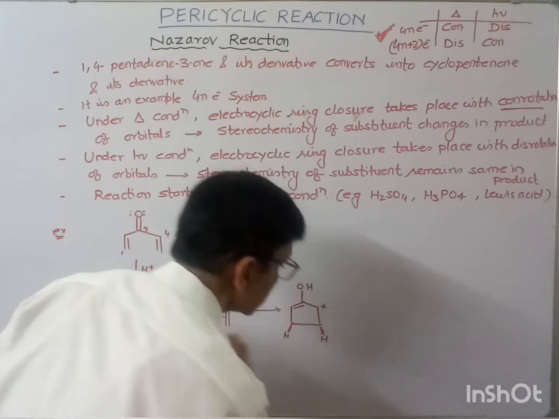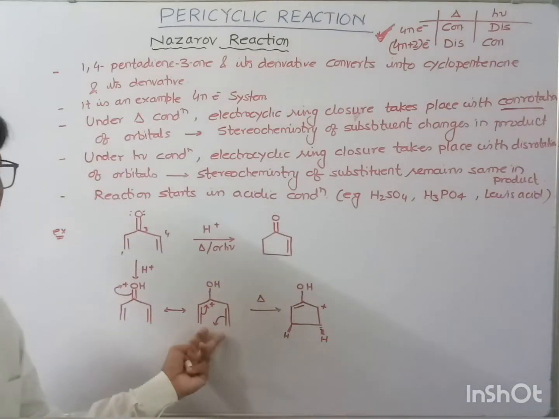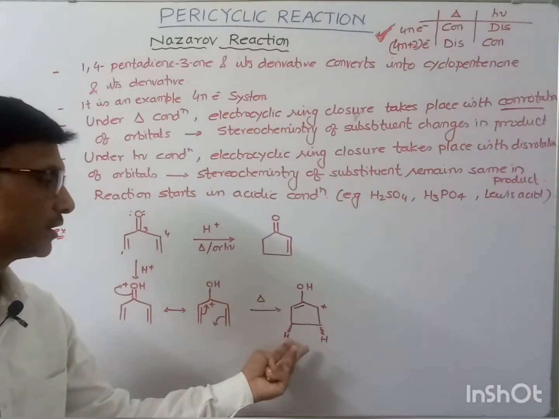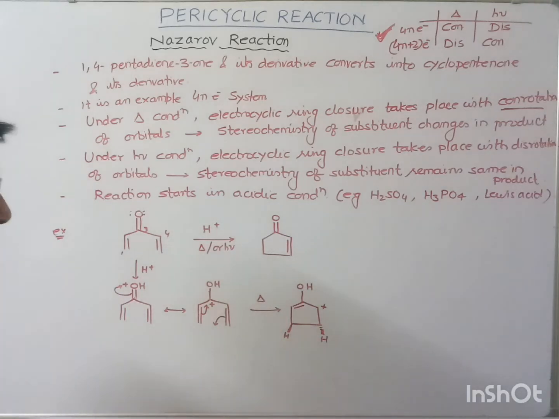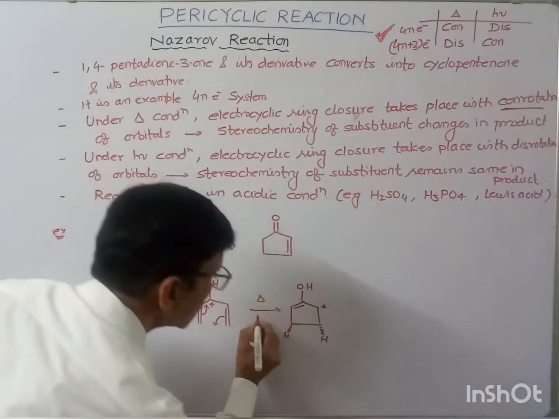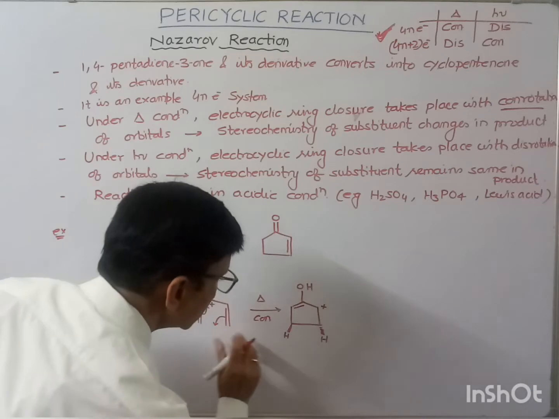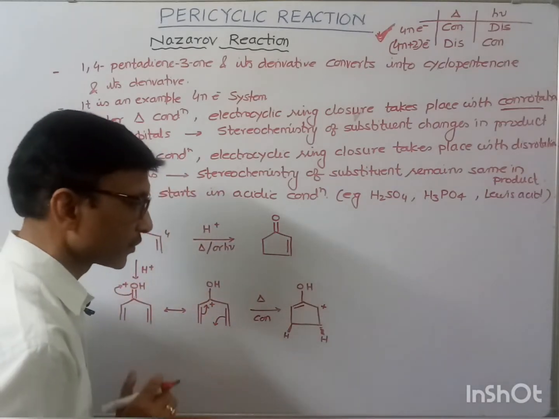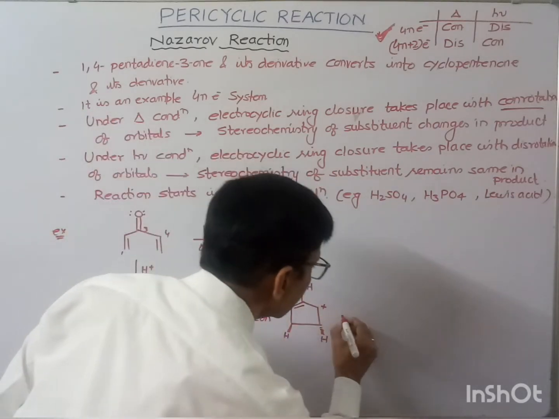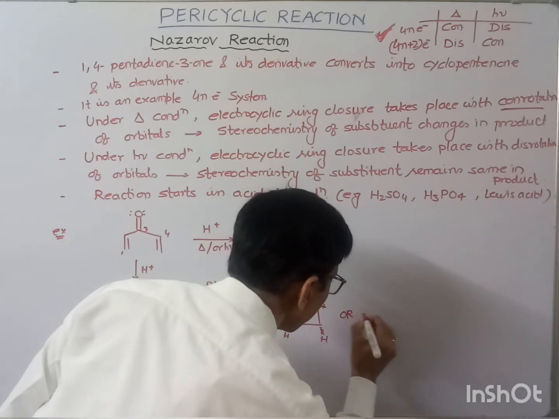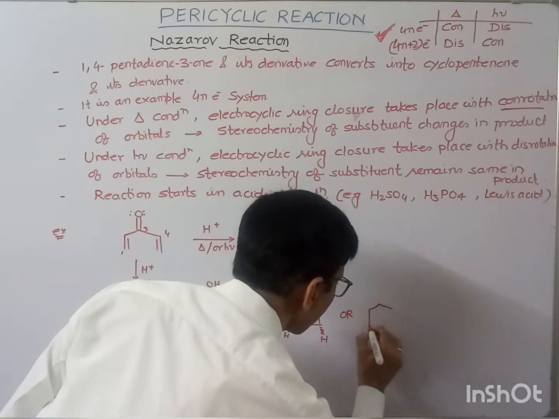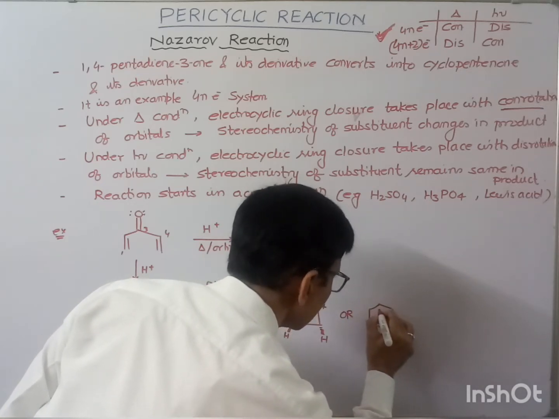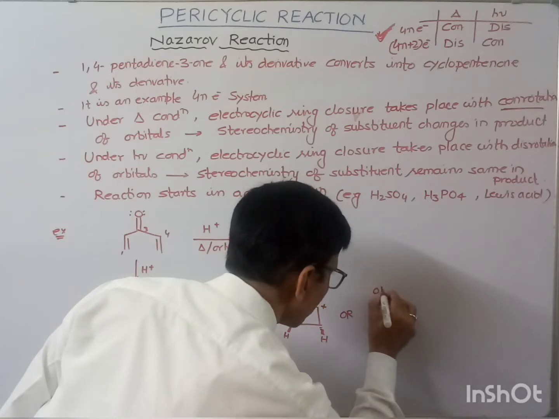Suppose stereochemistry changes. Suppose both are cis, then one will change to trans. So here conrotation and stereochemistry changes. Now another product that we may write, this may be the other product.